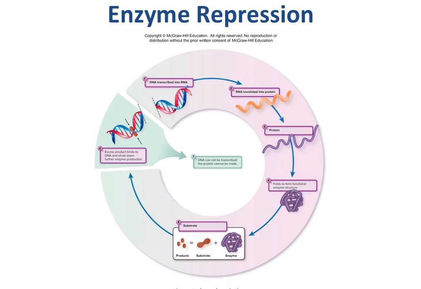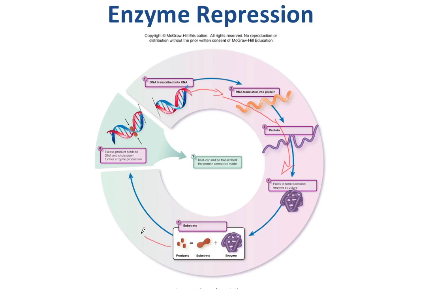For example, as we can see in this diagram, once the DNA makes RNA, that makes the protein, which becomes the enzyme. The enzyme will mediate the chemical reactions and make the products.